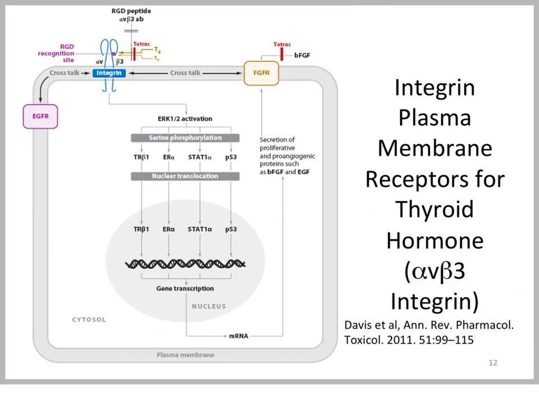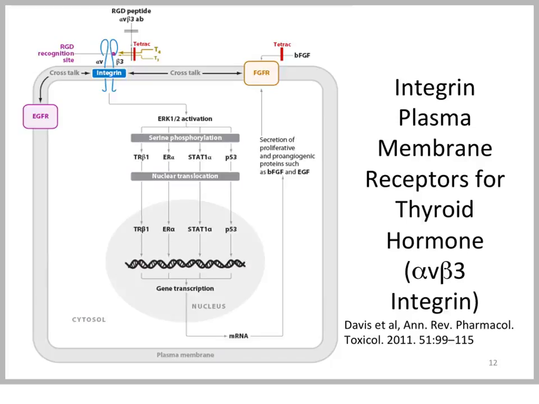And finally, a relatively new and an exciting area of thyroid hormone action has been the recognition that thyroid hormone or metabolites of thyroid hormone can act at the plasma membrane without necessarily involving nuclear action.